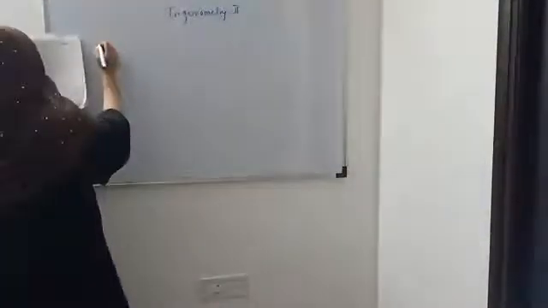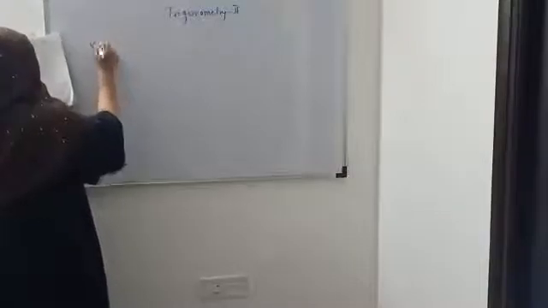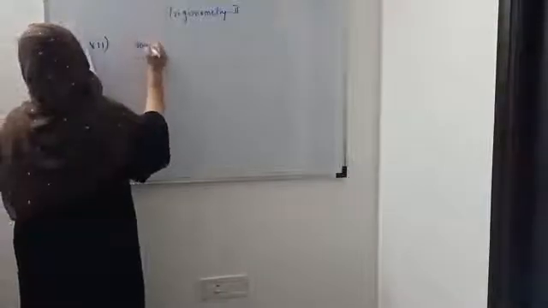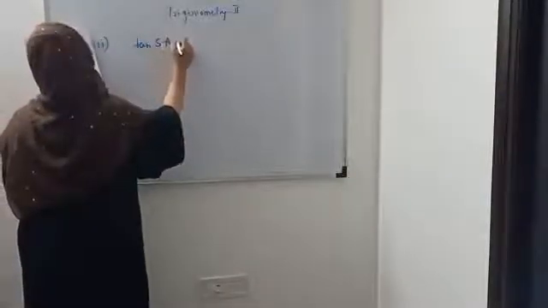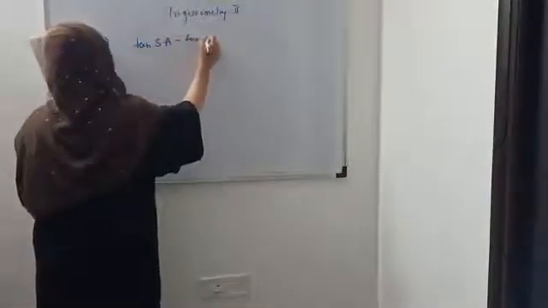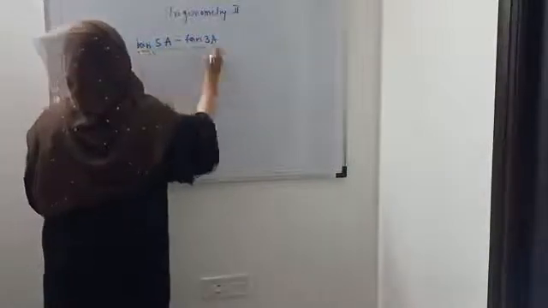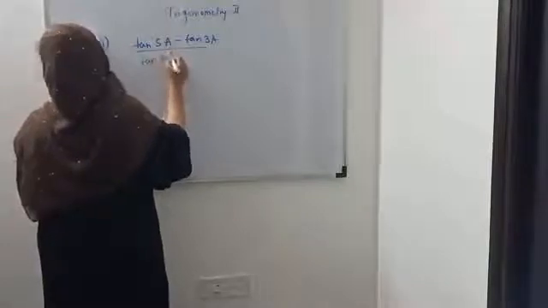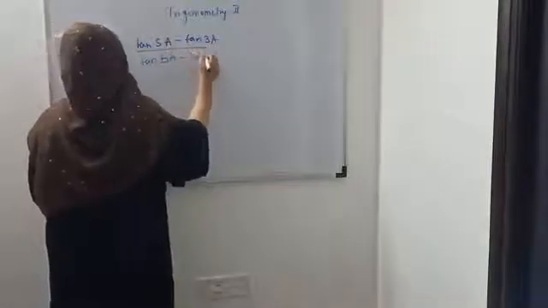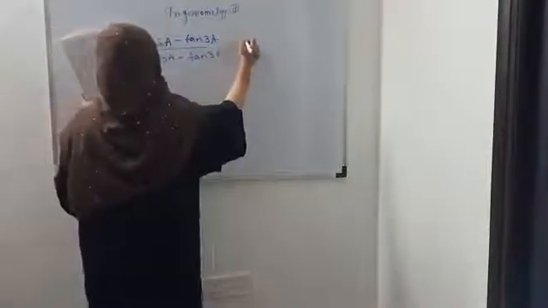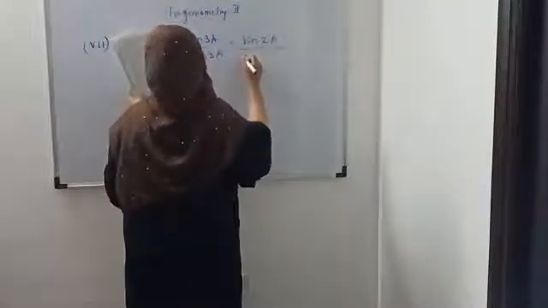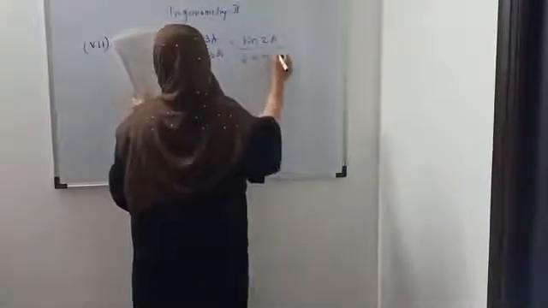So I'll solve problem number 8 and then we will move to the next problem. Problem number 8 is (tan 5a - tan 3a) divided by (tan 5a + tan 3a), which is equal to sin 2a divided by sin 8a.